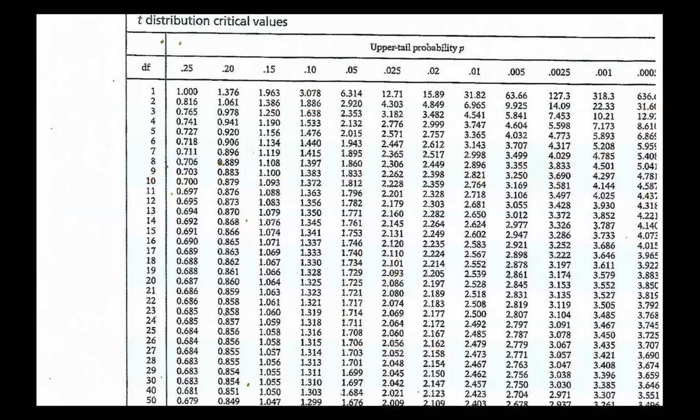Now let us change the parameters a bit so that you also realize what happens when the sample size changes. The X bar is still 46.14. The standard deviation is still 1.19, but the sample size now is 36. Have you seen the changes?